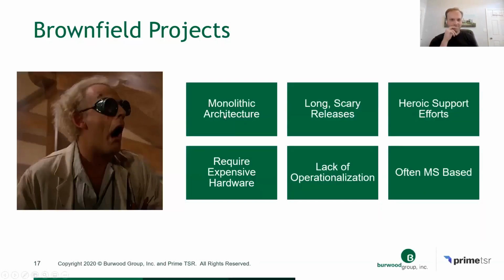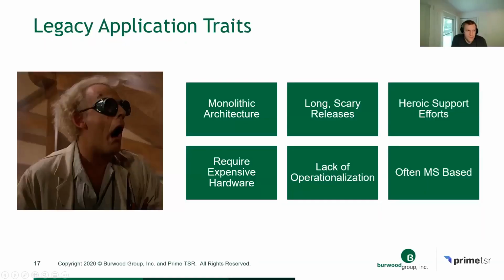When we look at brownfield apps, there are some pretty typical traits that Rich and I see across legacy or brownfield applications. The first is a tightly coupled monolithic architecture. We'll talk a little bit more as we go through this about some of the challenges that come from there. But in summary, because everything is so tightly coupled and highly dependent, it all needs to be upgraded together.